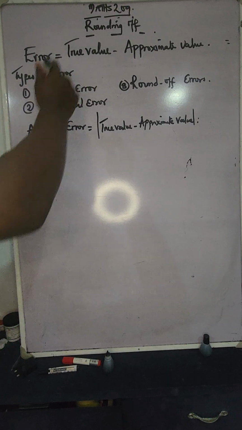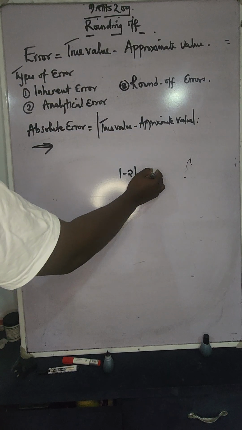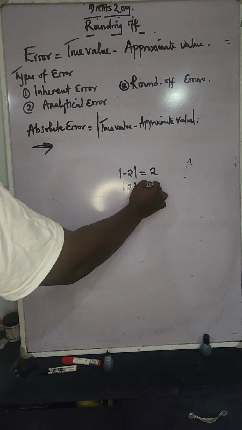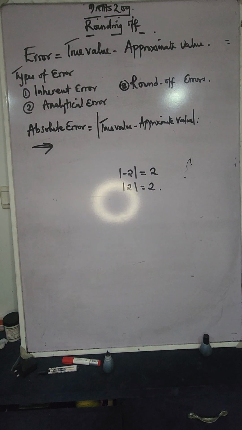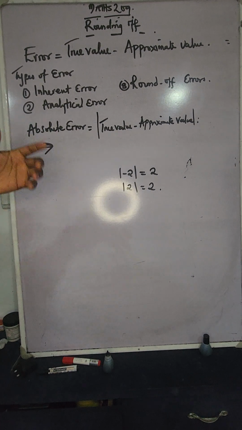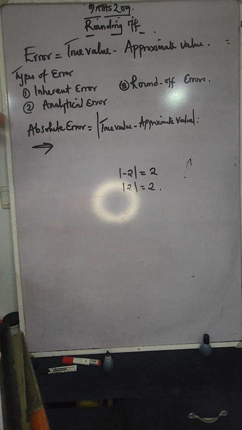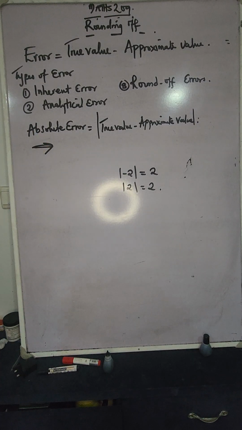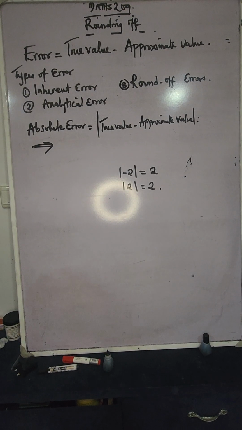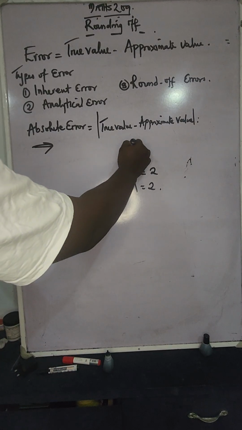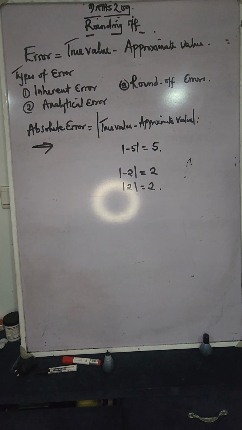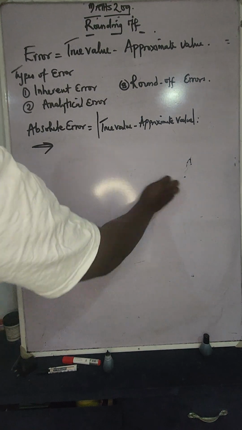For example, if I ask you what's the absolute value of minus 2, your answer is 2. What's the absolute value of 2? Your answer is 2. Why? Because the word absolute tells us about positivity. Just take the non-negative value of that number. If I say, what is the absolute value of minus 5, your answer will still be 5. So we are simply telling you that absolute error is the non-negative part of errors.